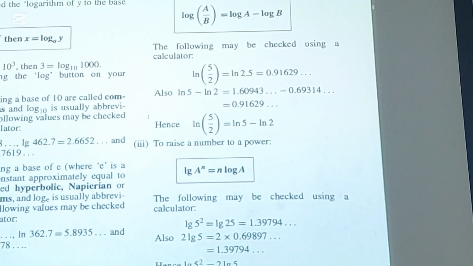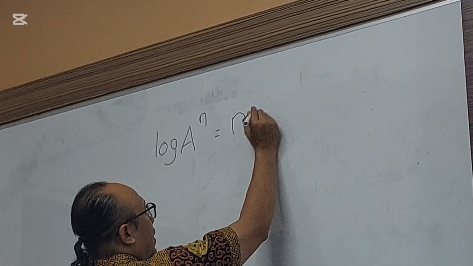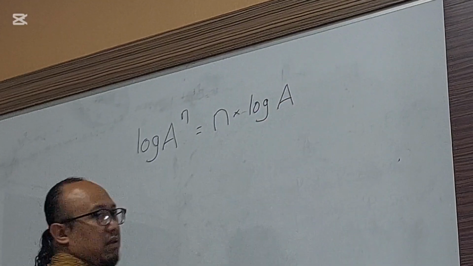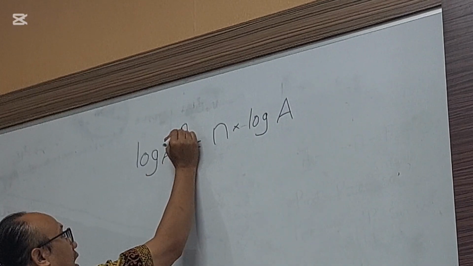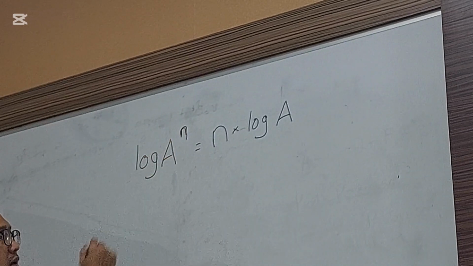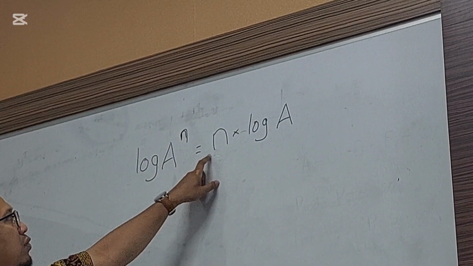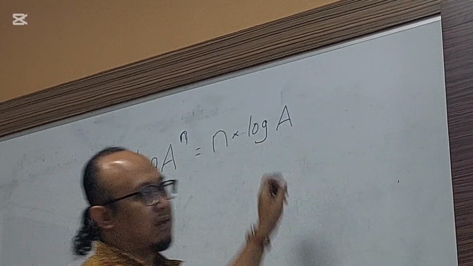This n will become a constant multiplied with log a. So if you find a function like this, log a powered by n, you can change it into n multiplied with log a.